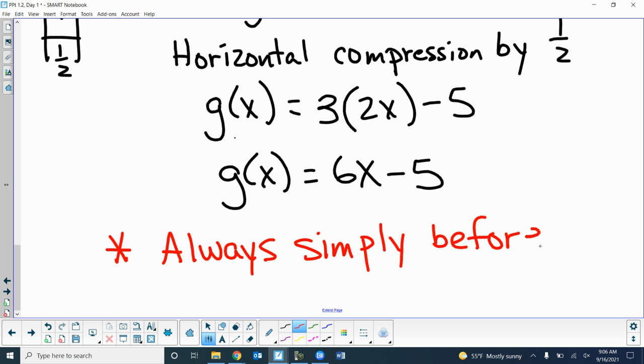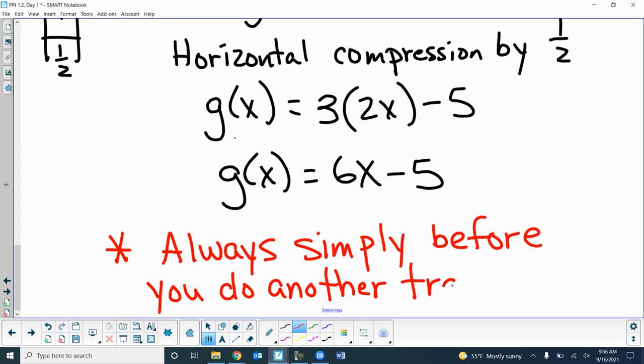So if you get multiple transformations, do one at a time and simplify. Or not translation, but transformation. These are all different types of transformations. Translations and stretches and reflections and compressions.